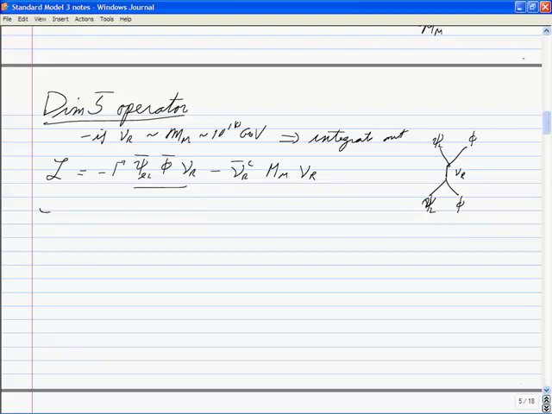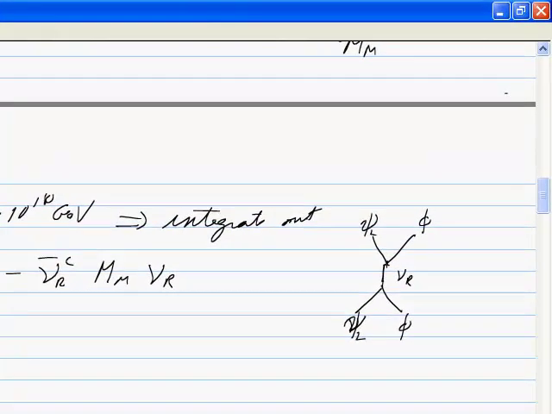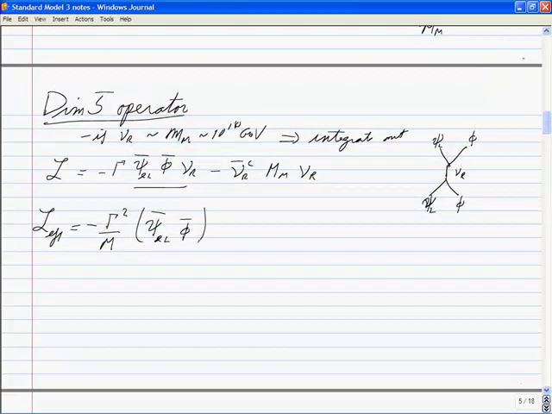This leads to an effective Lagrangian that has minus gamma squared over M, psi bar left, phi bar, that's the one coupling.